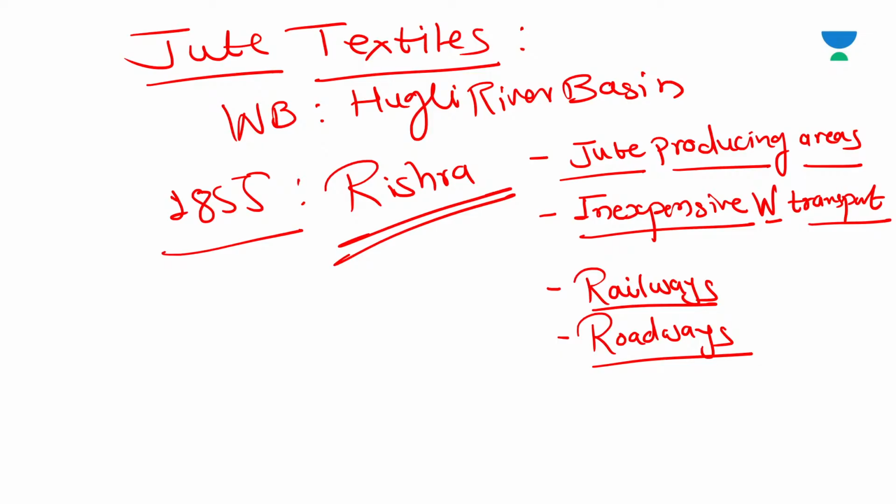Now, the challenges faced by the industry include stiff competition, especially in the international market, from synthetic substitutes and from other competitors like Bangladesh, Brazil, Philippines, Egypt, and Thailand. However, the internal demand has been on the increase due to the government policy of mandatory use of jute packaging to stimulate demand.